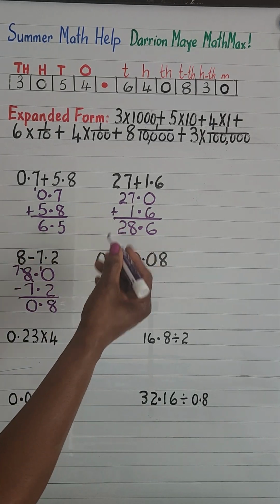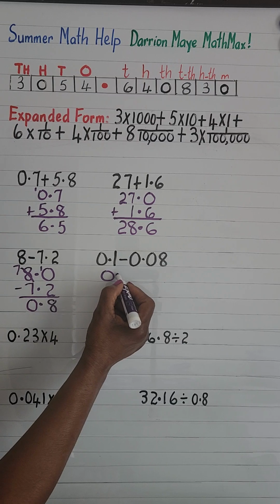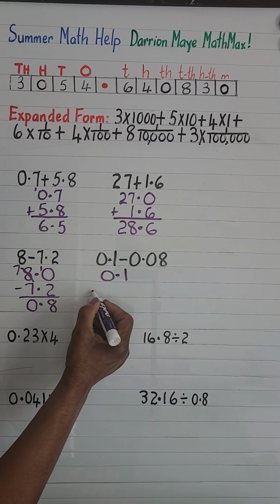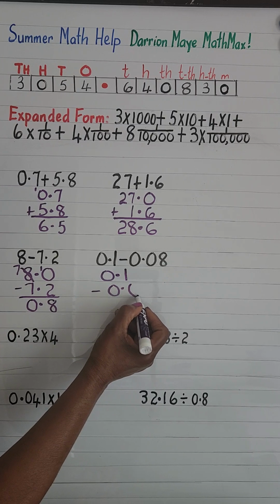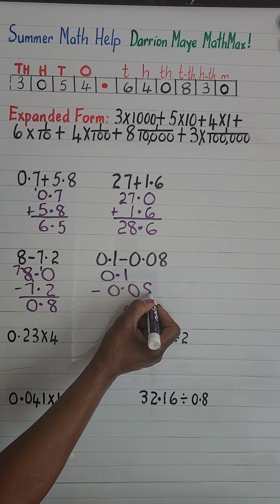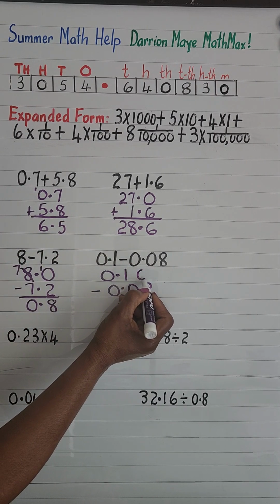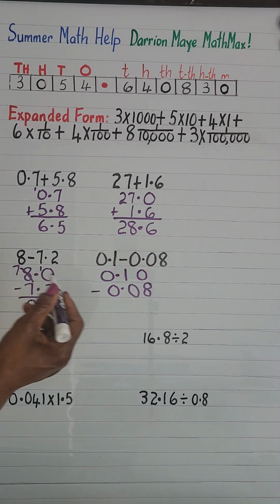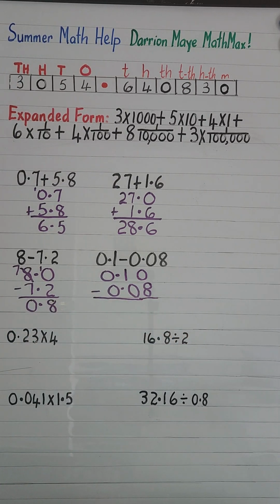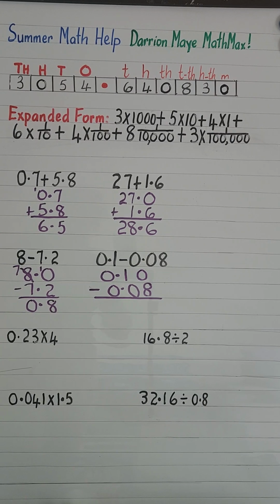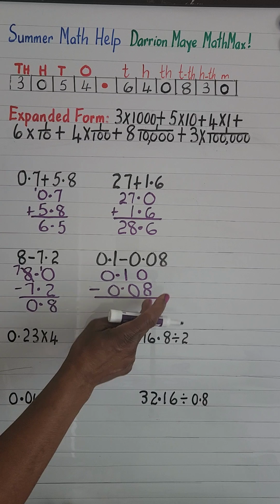Next, 0.1 minus 0.08. And we can put a 0 right here. 0 take away 8, we can't.